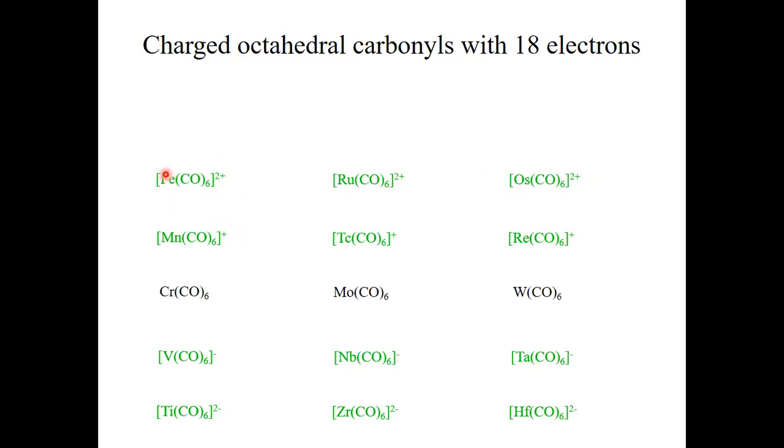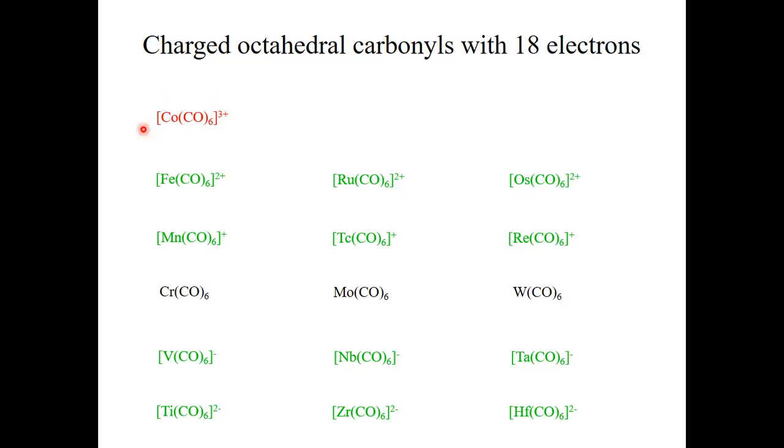So can we go further to the right? Let's go from iron to cobalt. Cobalt has 1 electron less than iron. For that reason, we need a 3+ charge on the octacarbonyl cation here.